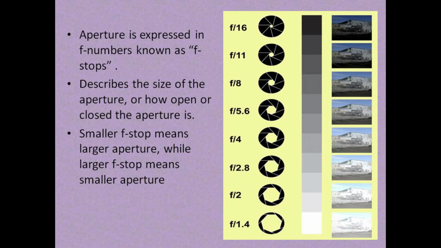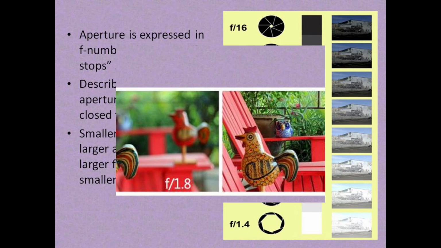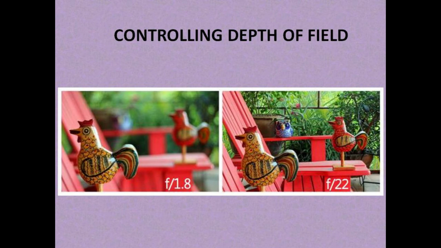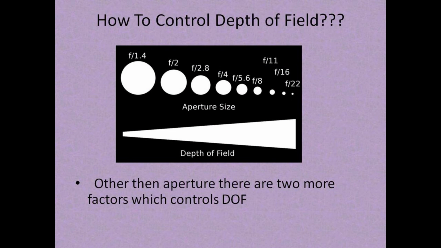Now, once again, let's understand how aperture controls depth of field. With the help of this chart, you can easily understand the correlation of aperture size and depth of field. At large aperture, you will get shallow depth of field, and at small aperture, you will get good depth of field.